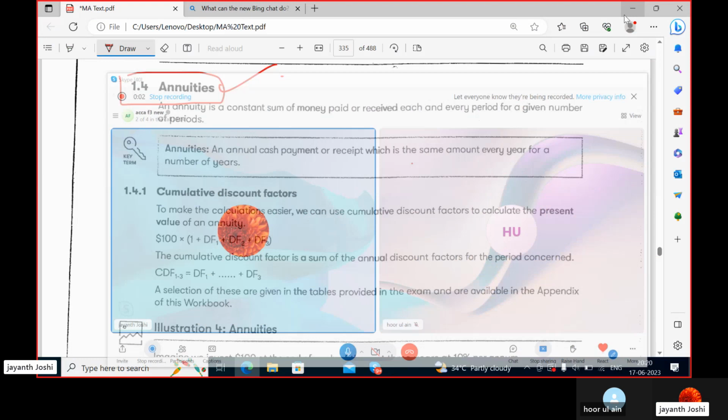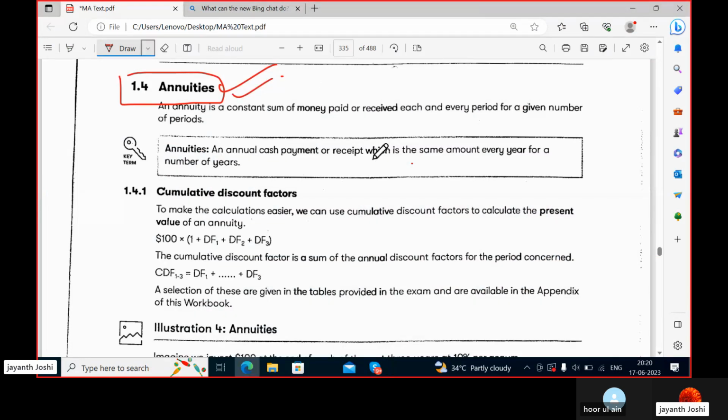So now today's concept is annuity. What do you mean by annuity? See, suppose you want to invest and you have invested in Tata company's bond, and the investment you have done is $100,000, let's say, and the Tata company has promised to pay you 10% interest for a period of 10 years.